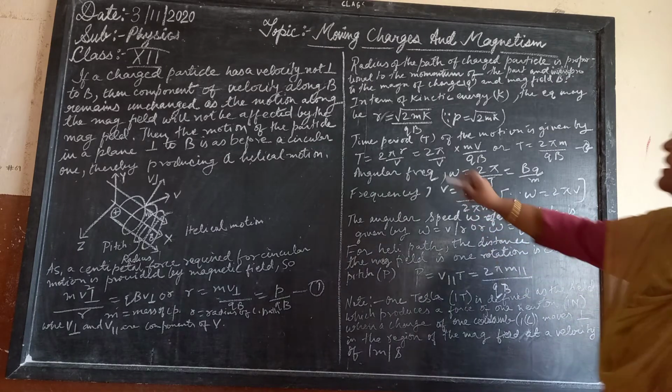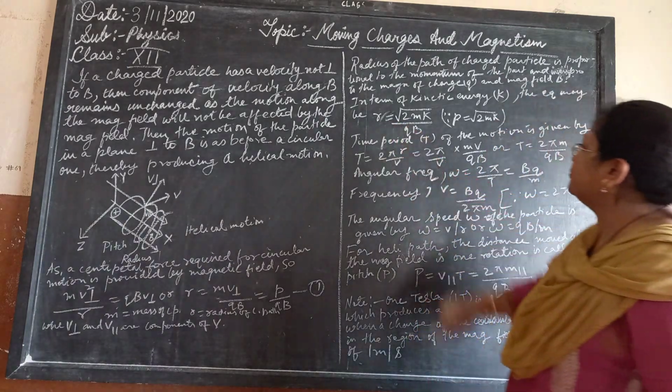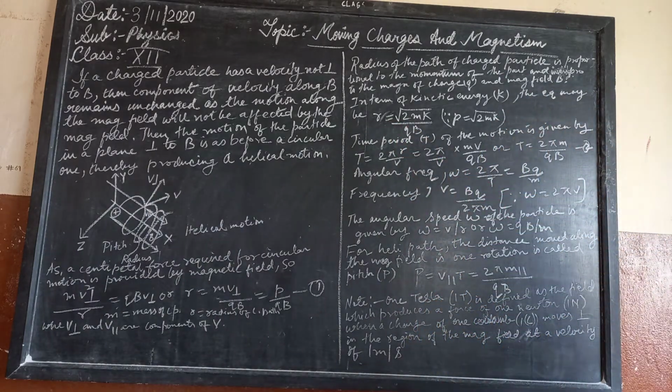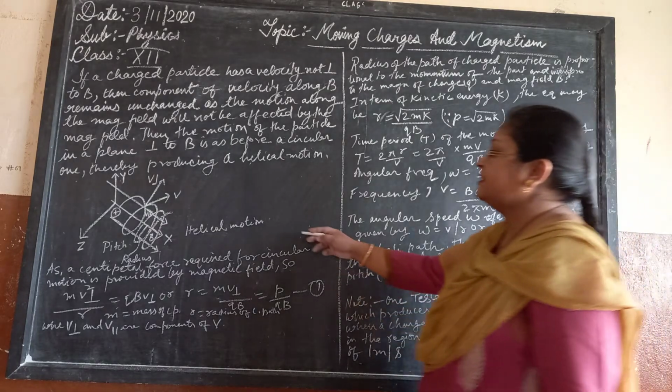So r is inversely proportional to it, and the time period T of the motion is given by T equals this particular value, and as you know, this is a helical motion.